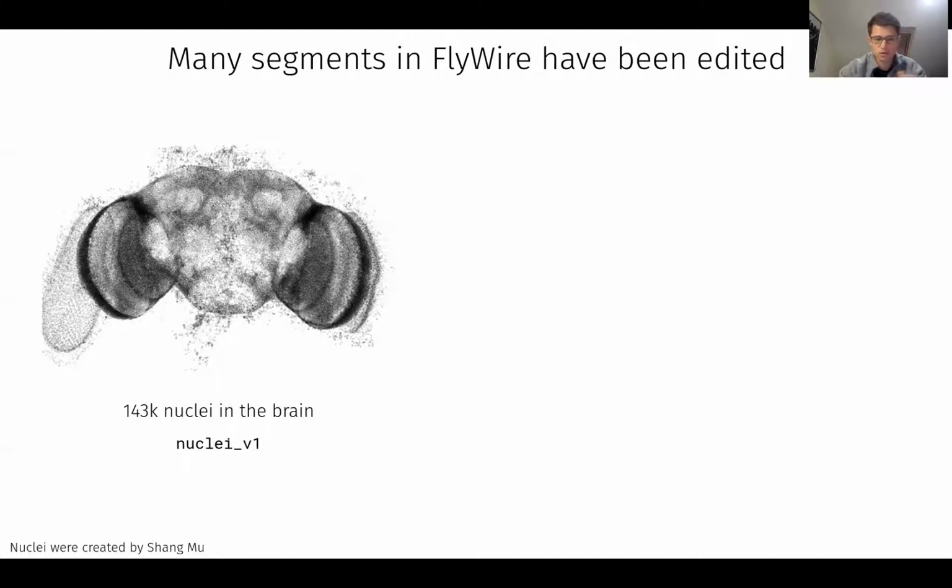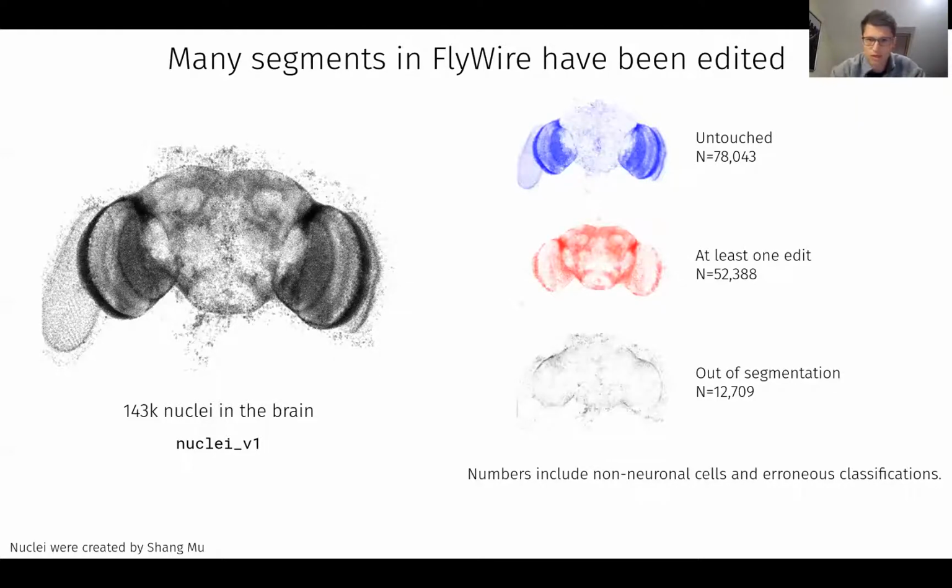We can now use these nuclei to also look at what has already been proofread or touched. So here on the right, I'm showing those neurons that have been absolutely not touched at all, which you can see are mostly in the optic lobes, the ones that have at least one edit, and a few of them that are outside of the segmentation.